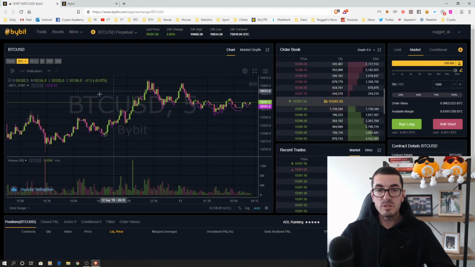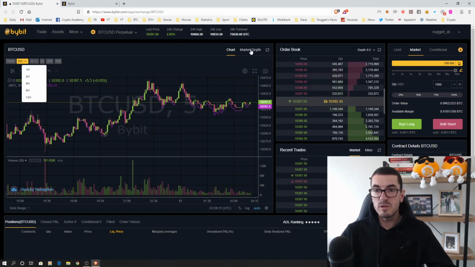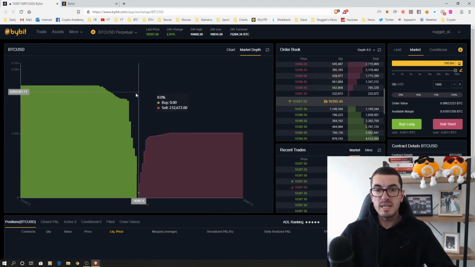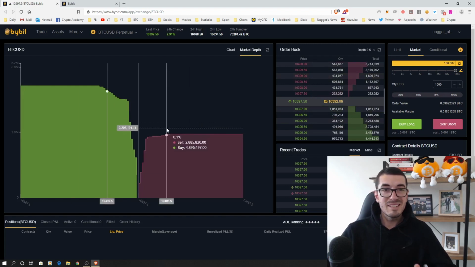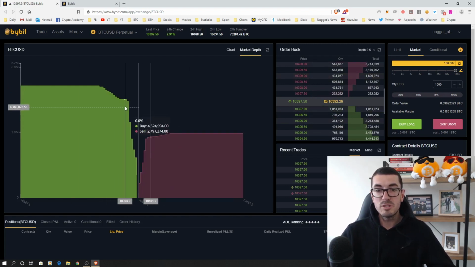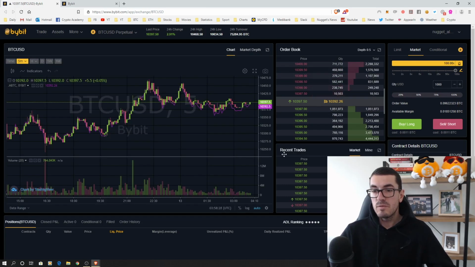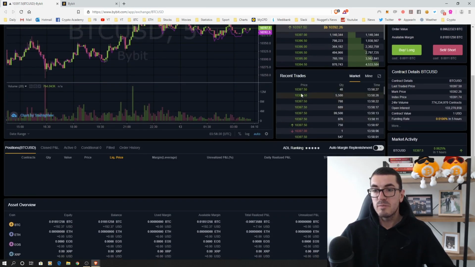So we've got our candles here, our chart, where we can change the different time frames that we are looking at. Most of you are familiar with TradingView by now. We've got market depth, and we can see that visual representation of the order book, which is all the buyers and sellers. Now, I've done detailed tutorials if you want more information about all that. And then over here, we've got recent trades that have been done in the market, as well as recent trades I've been doing while preparing for this tutorial.